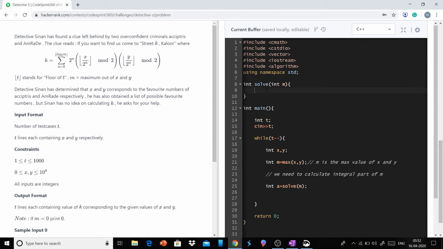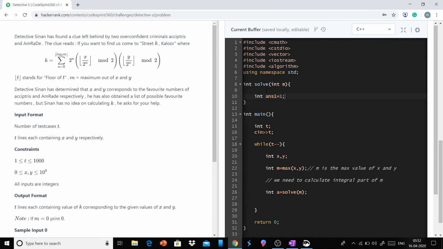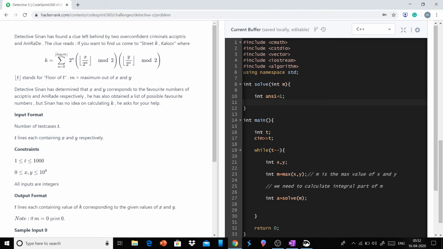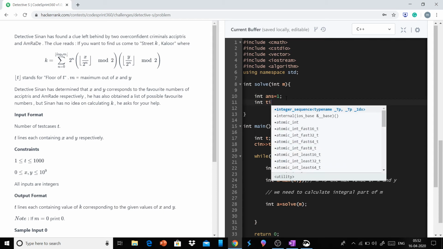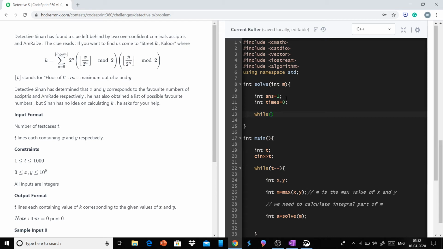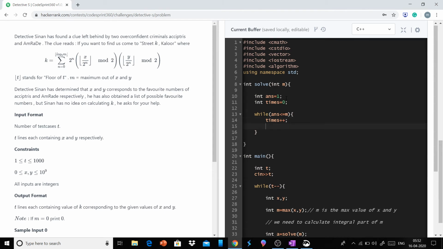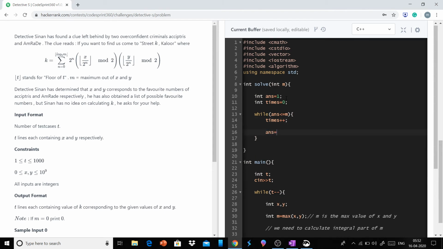So let me tell you what we need to do. I will declare an integer answer equal to 1, as I discussed, and I need to keep a variable to check how many times the program has run. Let me name it times. While answer is less than or equal to m, my program will run, and I will increase the value of times, and update answer as answer star 2, as I discussed.